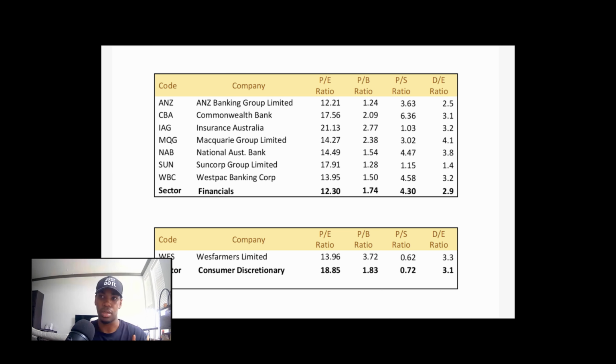Okay, so Shanene decides that she will buy ANZ to represent the financial sector, and she also decides that she wants representation in the consumer discretionary sector. So she also purchases Westfarmers, as you can see on the chart, and this is the sector's only company representing the top 20, right?